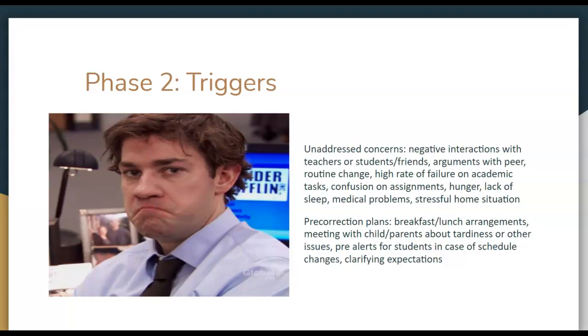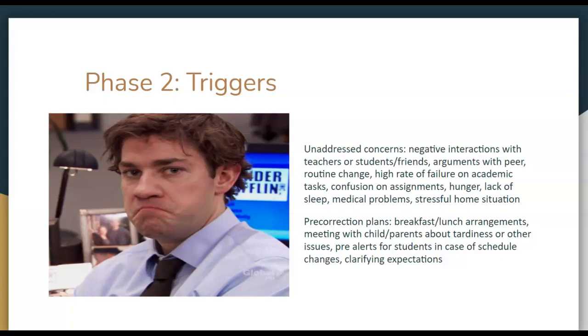Now, pre-correction plans for the student: number 1, as a teacher, you should know each and every one of your students. When you have new students, that's when you start to learn how your students are as the days and months go by. At a certain point, you know who your students are, maybe with a little bit of background information. And so some plans for each of these kids could be breakfast and lunch arrangements.